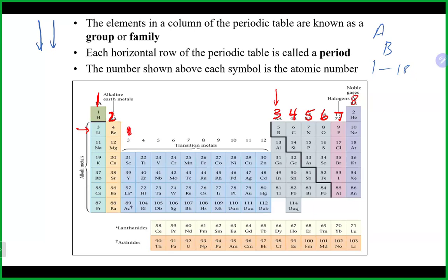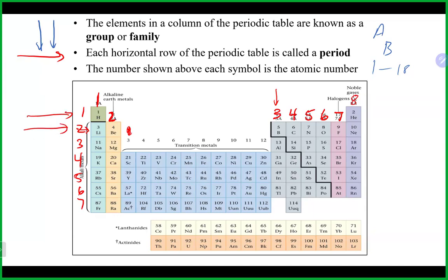When we look left to right on the periodic table, horizontally, those are referred to as periods. There are 7 periods, so periods head this way: period 1, period 2, period 3, period 4, period 5, period 6, and period 7, heading across the periodic table.